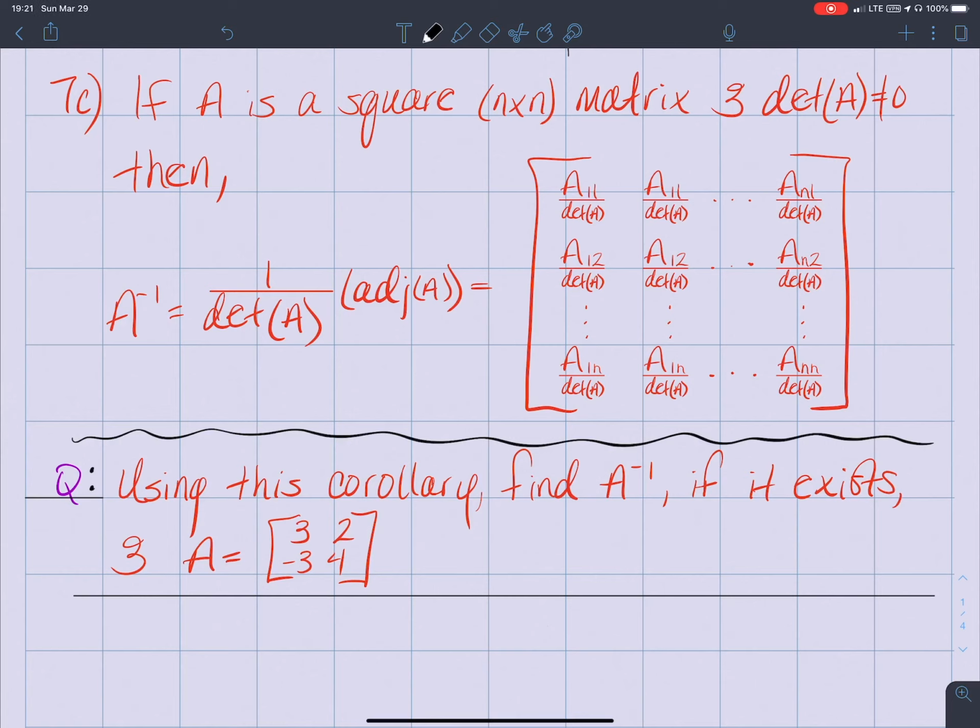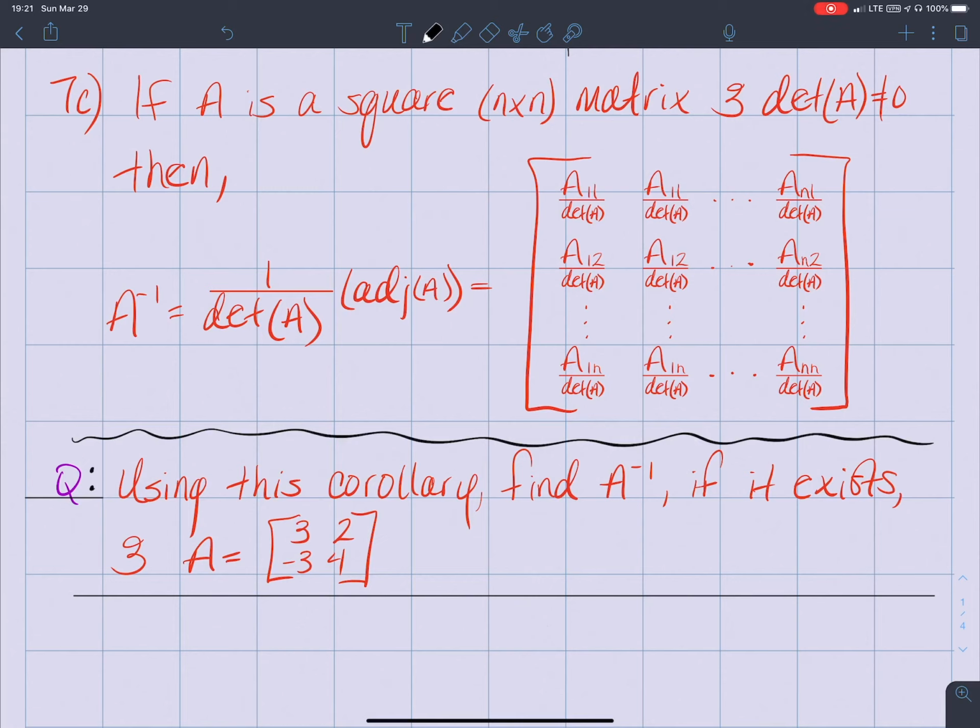If you have a matrix whose determinant is not zero, then the inverse is equivalent to multiplying the adjoint of A times 1 over the determinant of A. We can see that right here in this definition of the corollary.